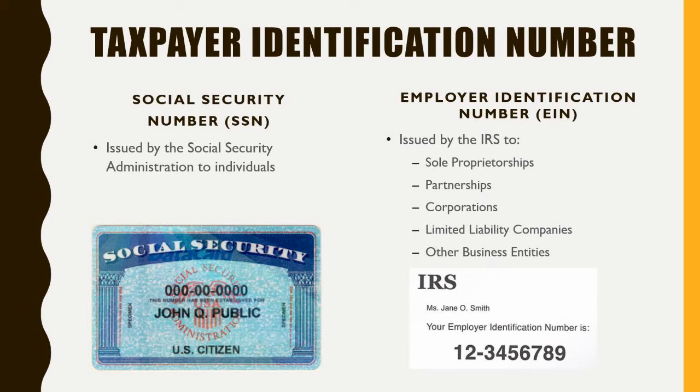Now, for those people who are independent contractors that use their social security number as a way to identify them, yes, you can do that. But remember, as an independent contractor, there are a few rules and regulations that you need to know if you're going to be using your own social security number.